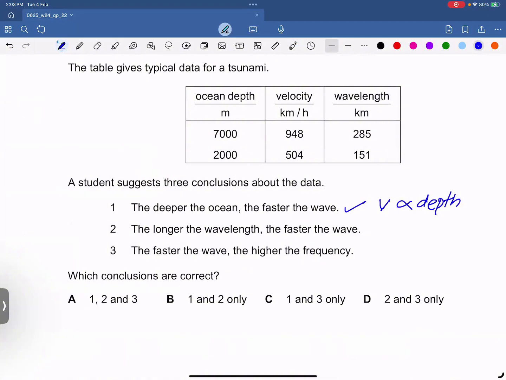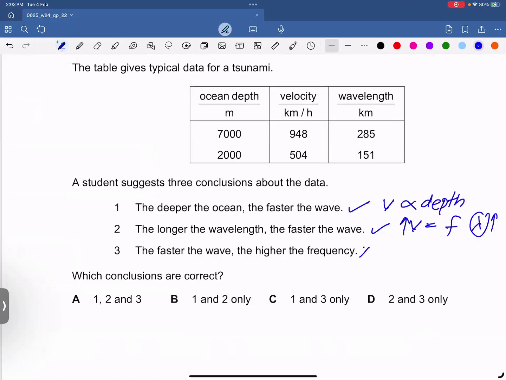One is right. The longer the wavelength, the faster the wave, also correct. V is equal to f lambda: more wavelength, more speed. The faster the wave, the higher the frequency? No. During the change in depth, the frequency remains constant. This process is refraction. So 1 and 2 are correct. The right option is B, my dear students.